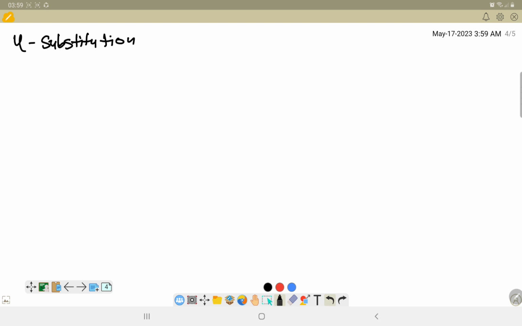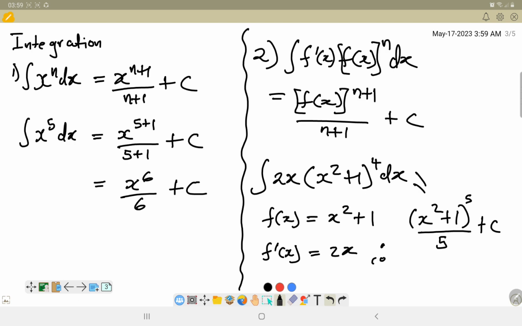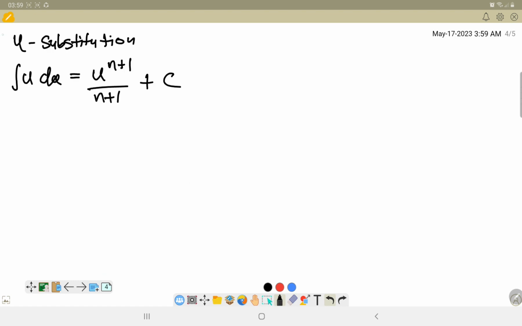U substitution also has a formula, which is the integral of u to the power n du equals u to the power n plus 1 divided by n plus 1 plus c. So we can look at this problem using the other formula. We can say this is number 3.